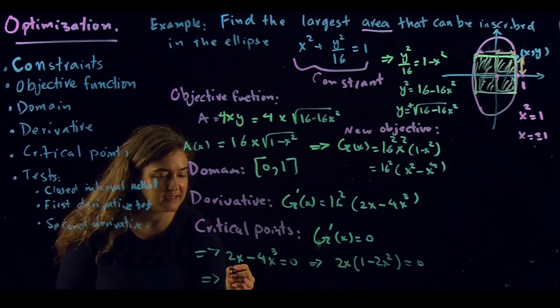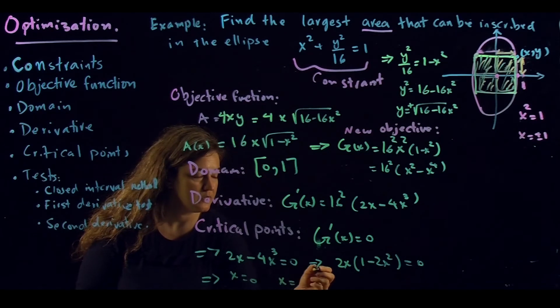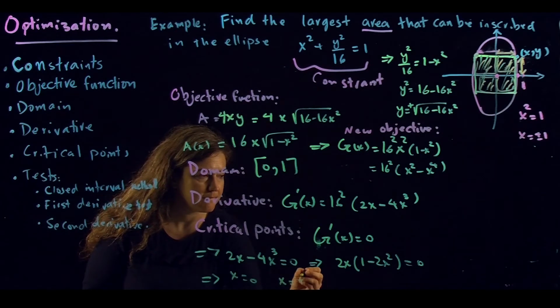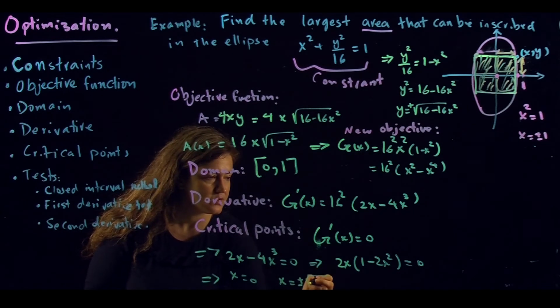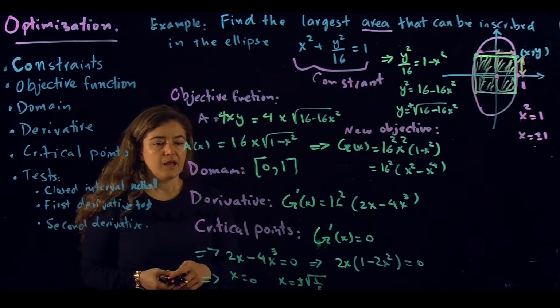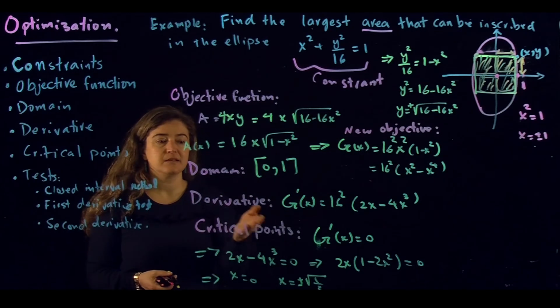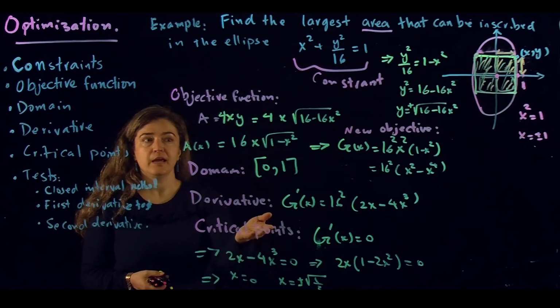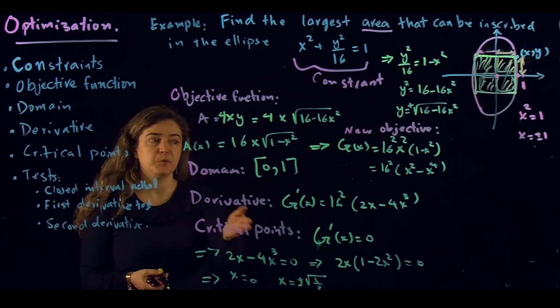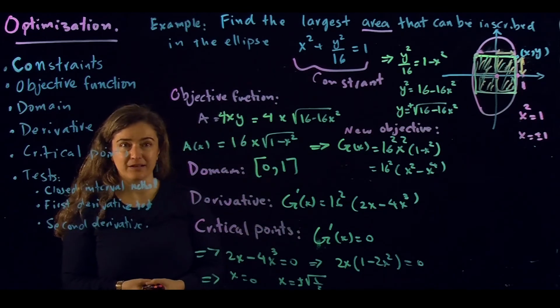And we arrive at x equal to 0, or x equal to plus or minus square root of 1/2. The next thing to do is to test your critical numbers and a few other things that we will mention. First, I'm going to erase the board, and then we come back to it.